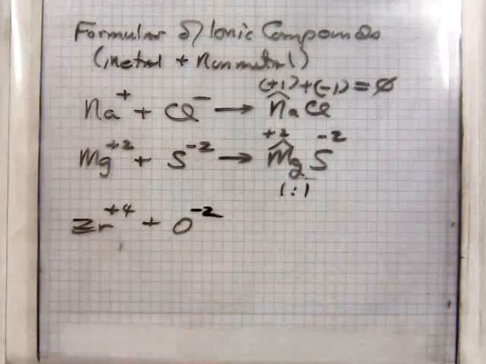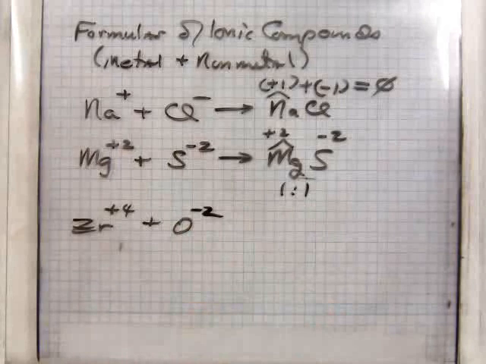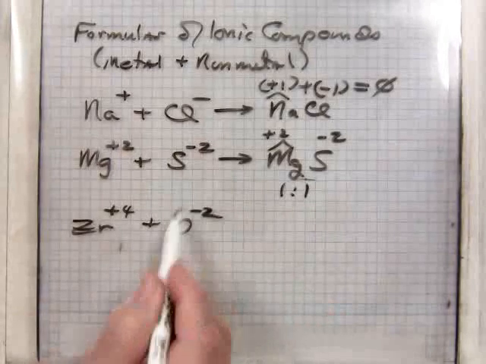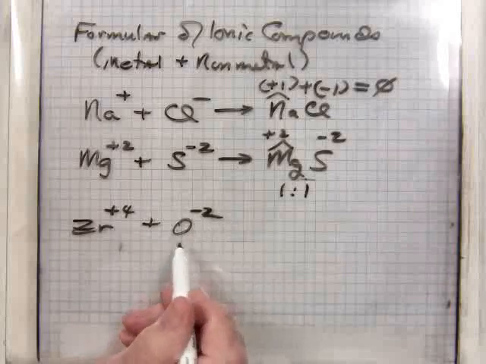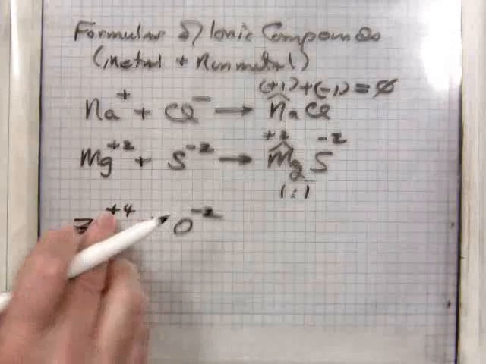So oxide is a -2. In putting this together, you would need 2 oxygens to hook up with the zirconium. Zirconium is spelled with an R, believe it or not.